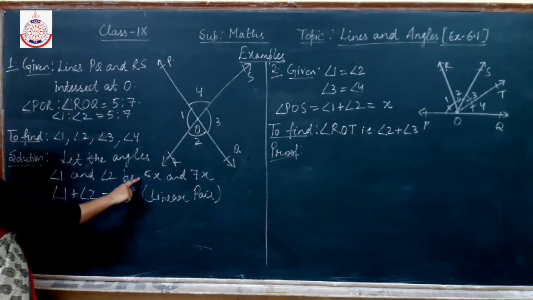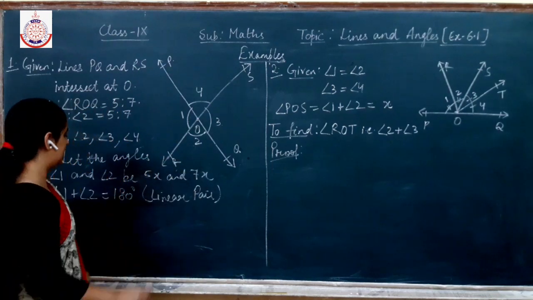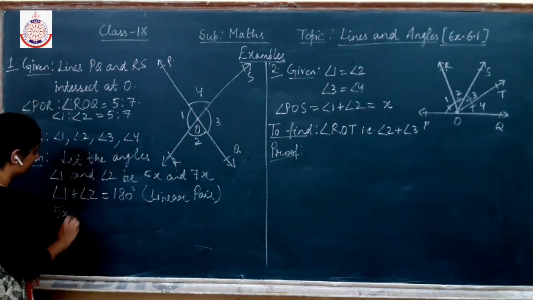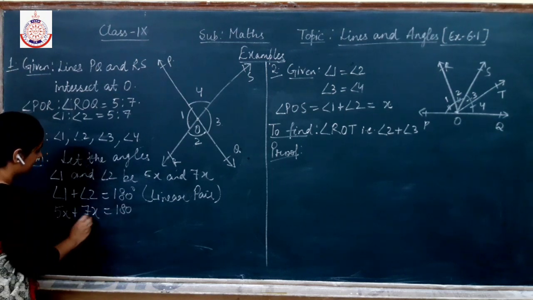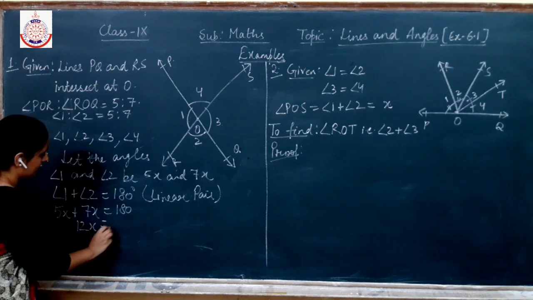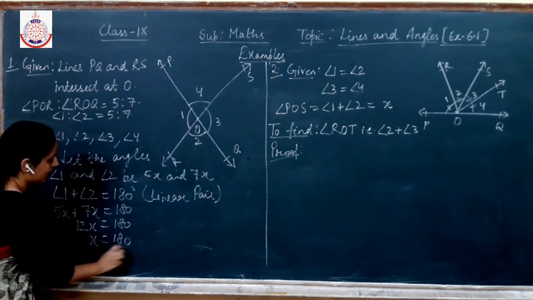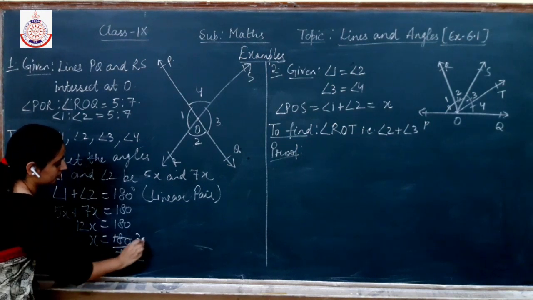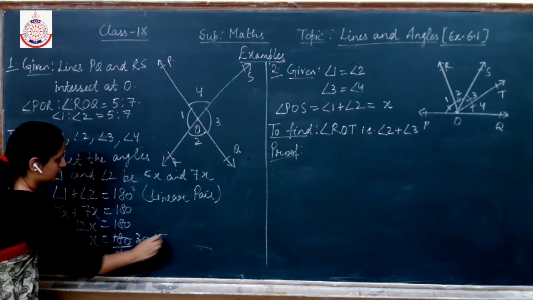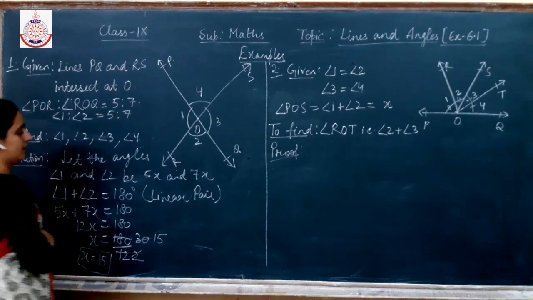Fine. Now angle 1 is equal to 5x, angle 2 is equal to 7x. I will write here the values: 5x plus 7x is equal to 180. Then it will become 12x is equal to 180. Then x is equal to 180 upon 12, right? So the value of x that I have got is 15. Fine.